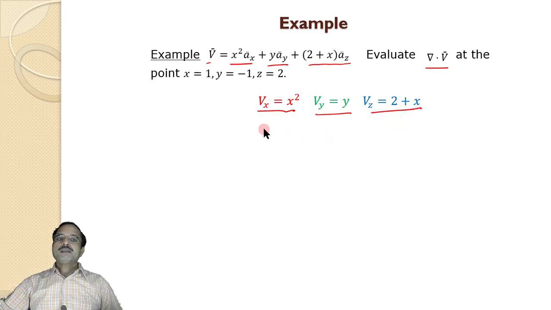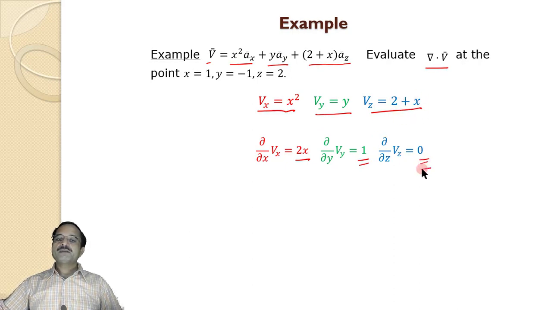Applying the equation of divergence, d/dx Vx for the x component is 2x, d/dy Vy for the y component is 1, and the z component is not a function of z, so the derivative is 0. Adding all three components, I get 2x plus 1 plus 0.